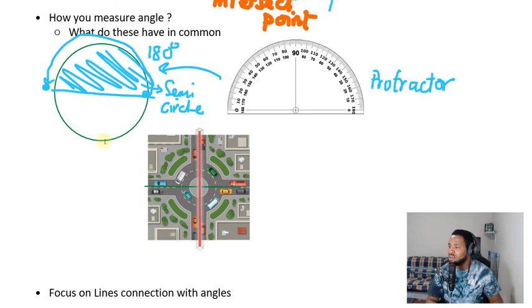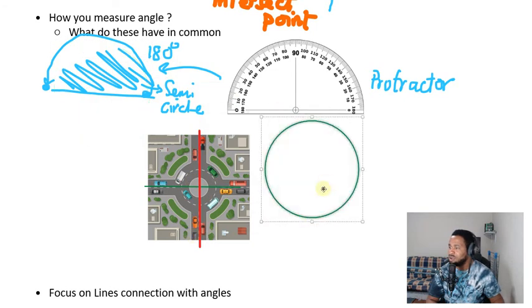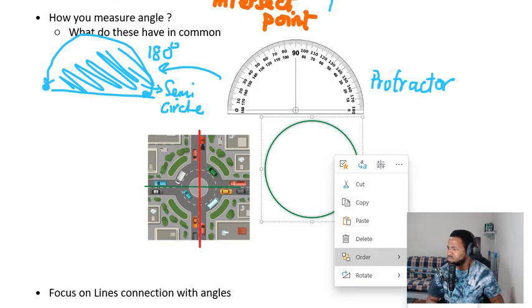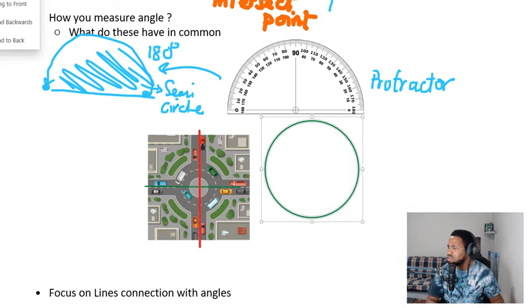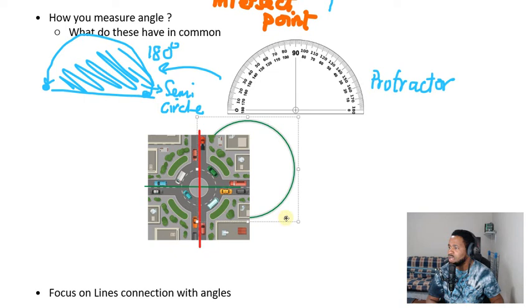And if we have our circle, and we bring it right over here, it is like a target point, if you look at it that way. Let me move this. Can I move this? No, I can't. I have to go this way, bring it here, and then bring it to the front.